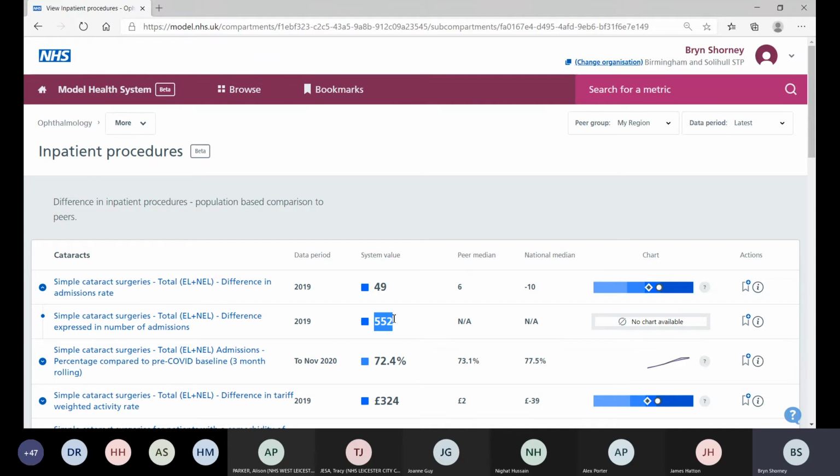And again, that's directly adjusting for the age and sex of the population. And then we've also got the COVID recovery indicator there as well. So at September to November 2020, they were doing 72% of the number that they were doing in those same 3 months in the previous year.